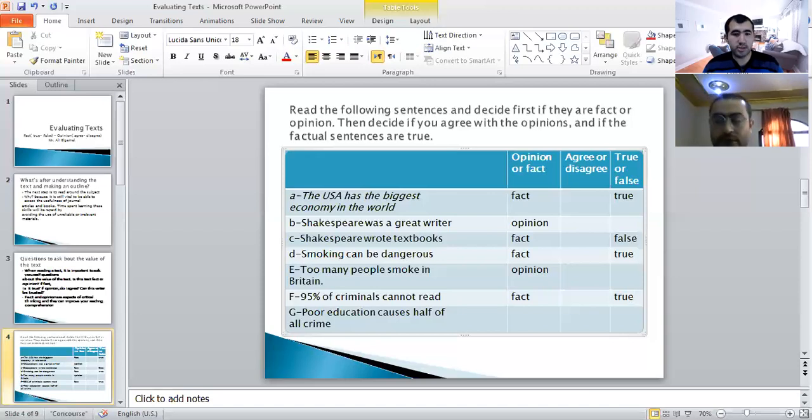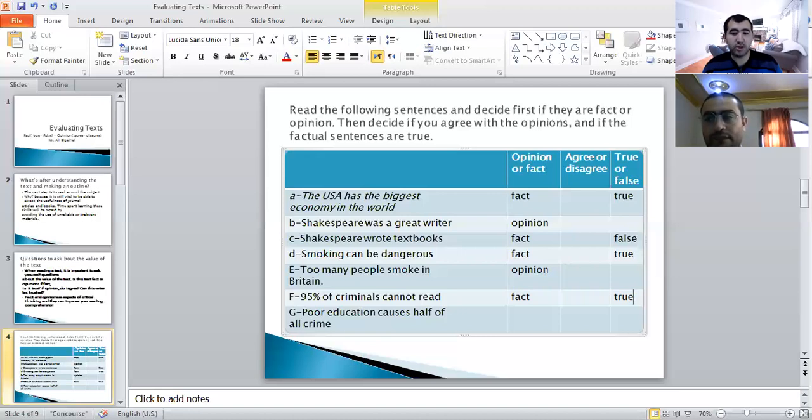It could be a fact and an opinion at the same time. It could be a fact if the percent of the criminals was accurate, that 95% of the criminals cannot read.